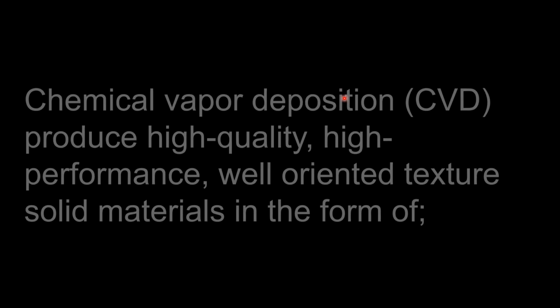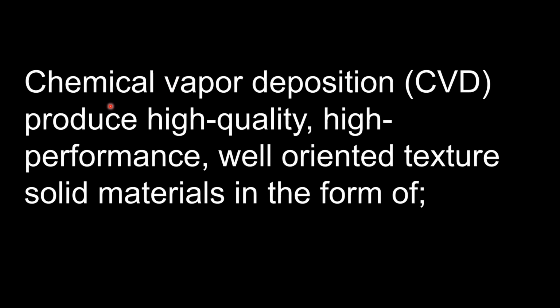Please note that the chemical vapor deposition process basically gives you high quality, high performance, well oriented, textured solid material in different forms. So this technique is very important in order to achieve well textured, well oriented, high quality material.